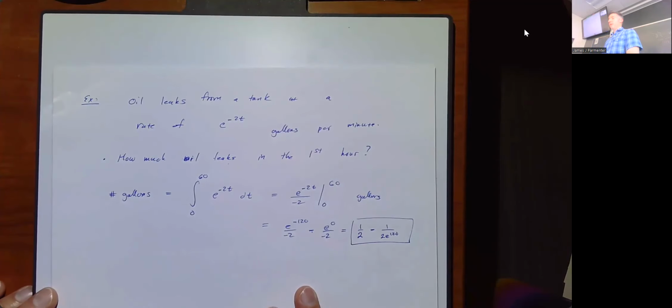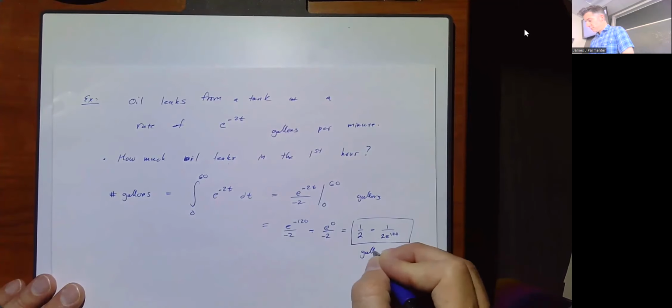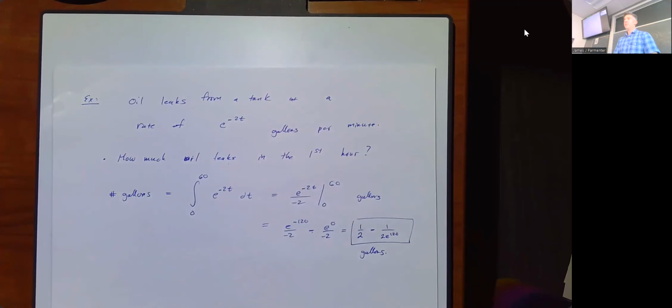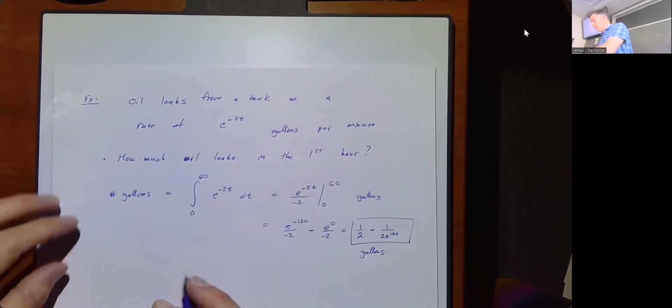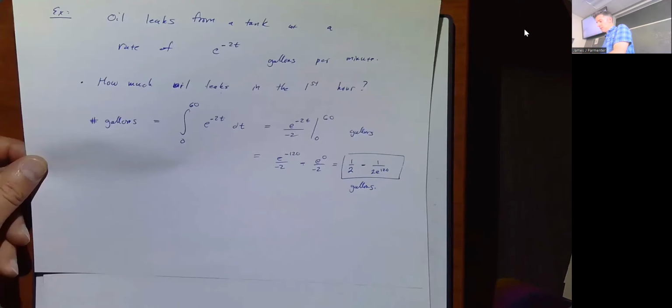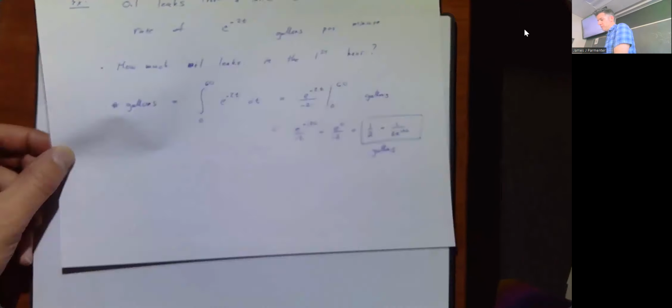Not a very big oil spill here. I haven't even lost half a gallon yet. Not the point. So when you're integrating a rate of change, you end up with the numerical value of the thing that is changing.